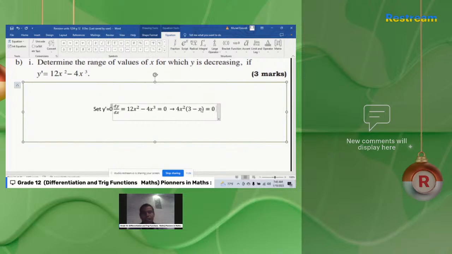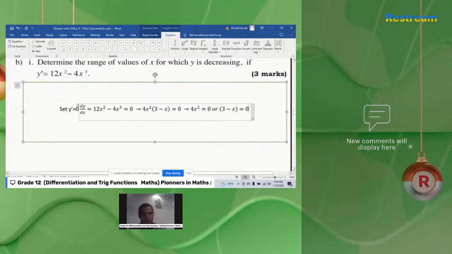Therefore, you can see that 4x squared equals 0 or 3 minus x equals 0. Therefore, 4x squared equals 0 means x is equal to 0, and x equals 3.